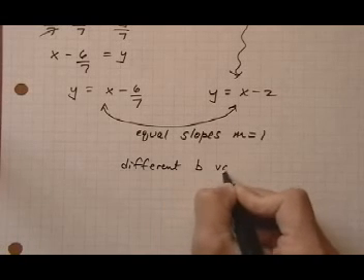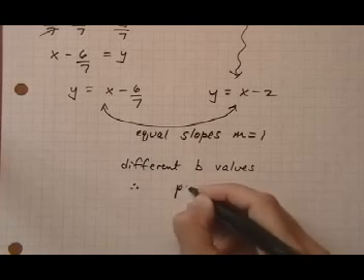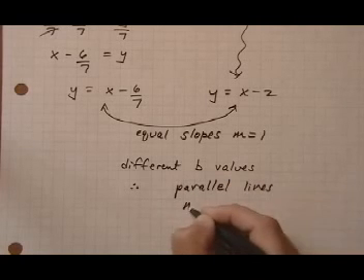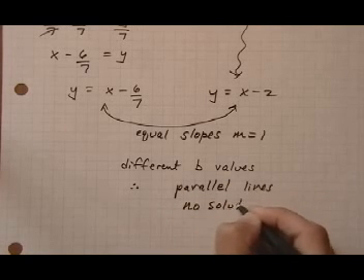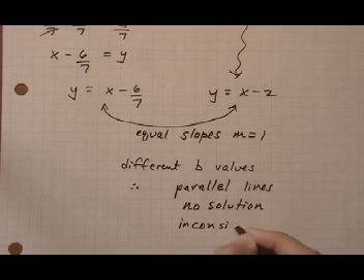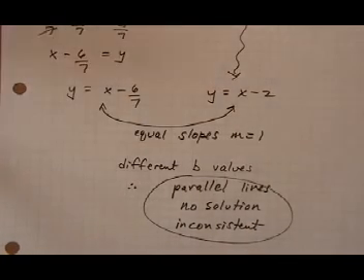They're different b values. Therefore, we have parallel lines. Which means we have no solution. And we have an inconsistent system. So that would be the description of our system.